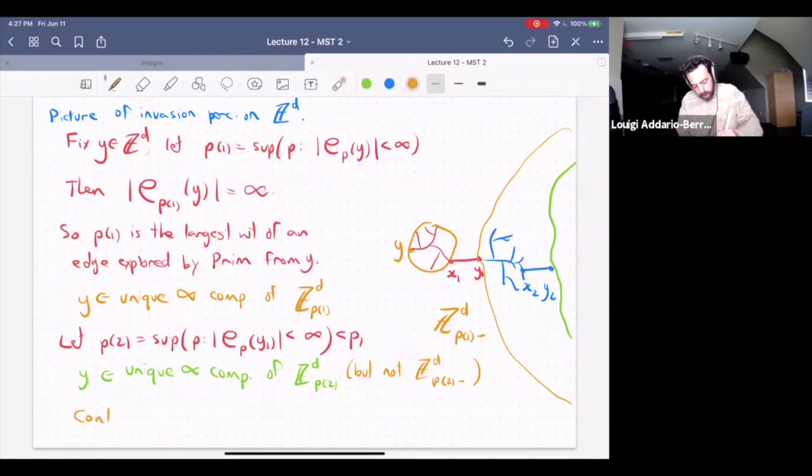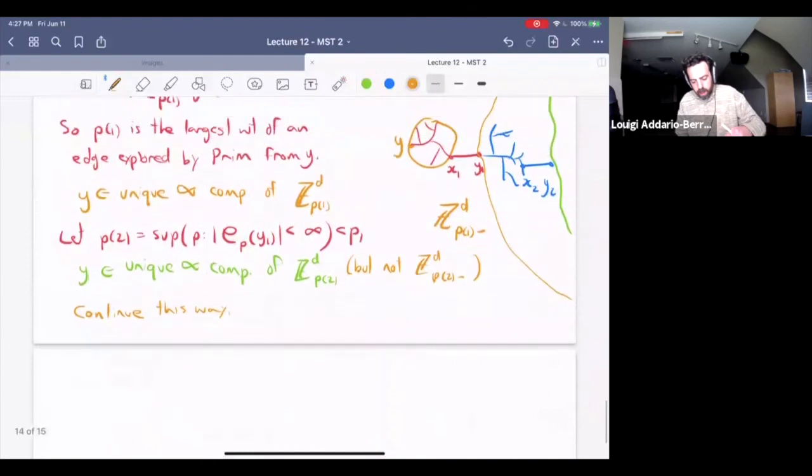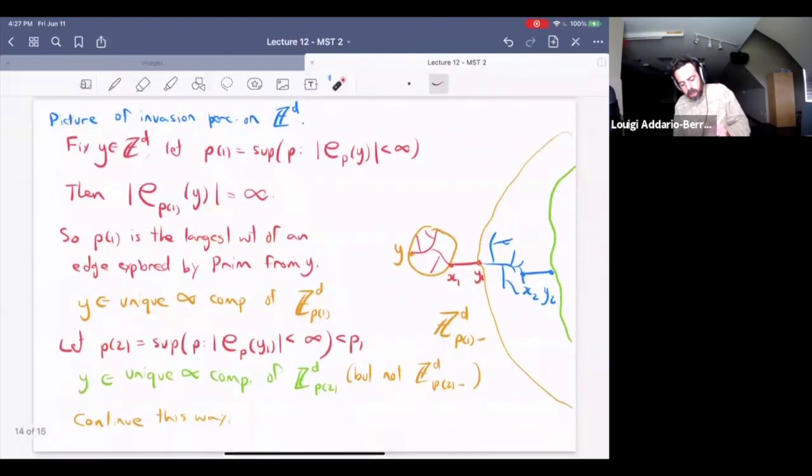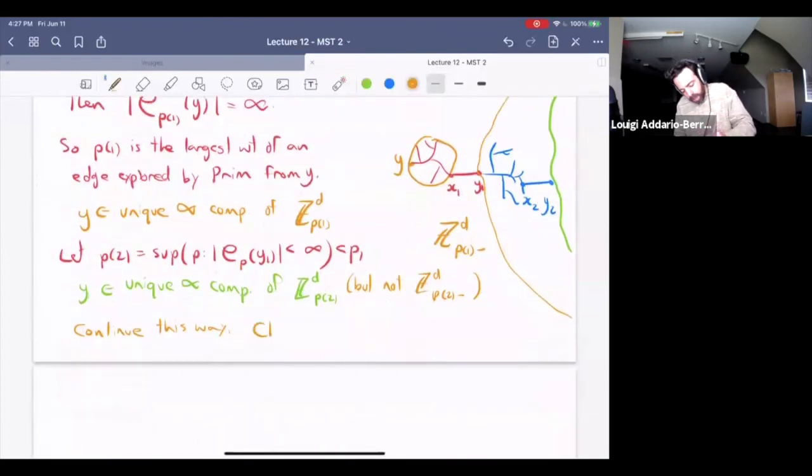So then these values, they're getting smaller and smaller. They always have to be bigger than the critical value Pc, because we're always finding infinite components at these values. Okay, so then it's clear that P1 is bigger than P2, and so on.